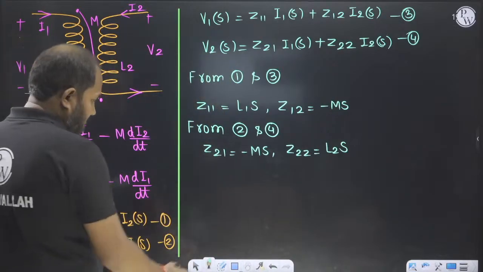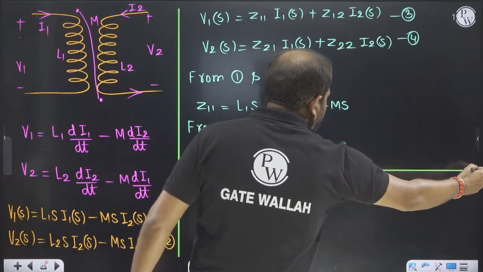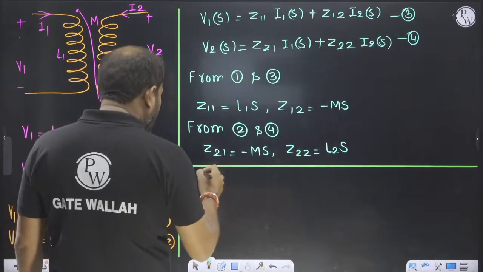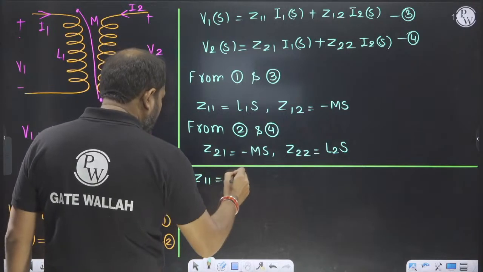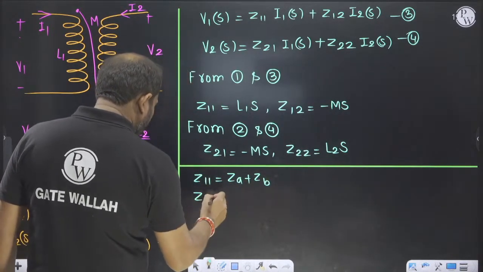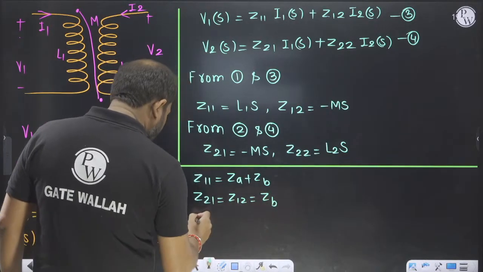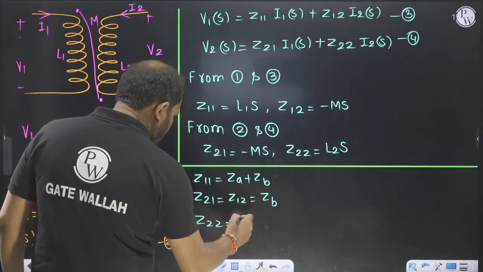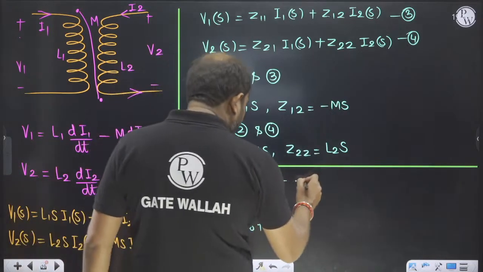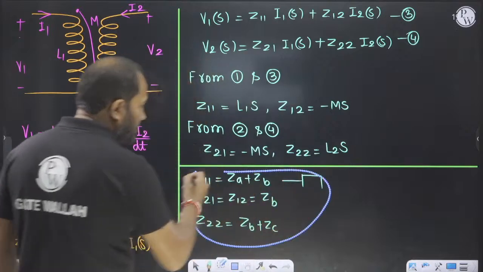As we know, Z11 is equal to ZA plus ZB, Z12 is equal to ZB, and Z22 is equal to ZB plus ZC. In the case of a T network, this is possible.